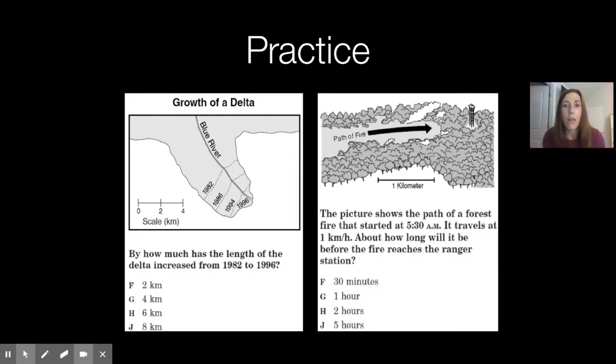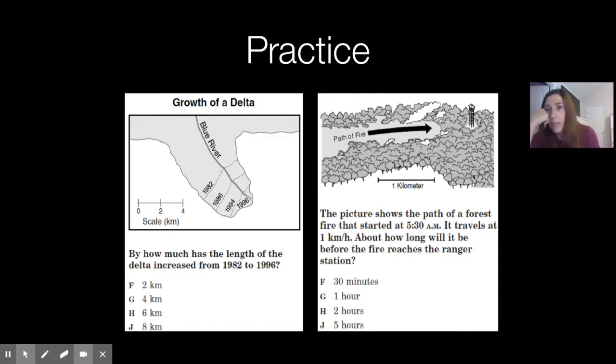Okay. The next one says the picture shows the path of a forest fire that started at 5:30 a.m. It travels at 1 kilometer per hour. About how long will it be before the fire reaches the ranger station?